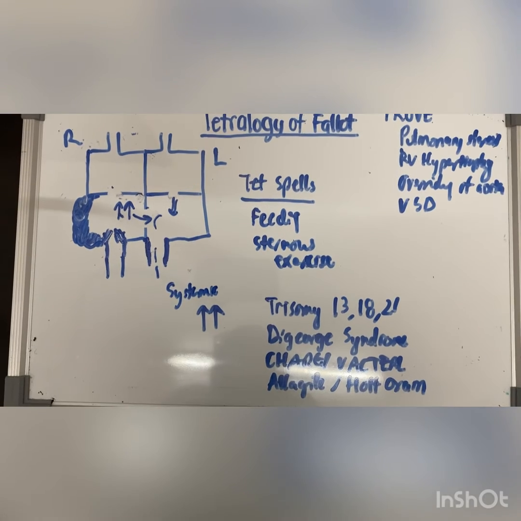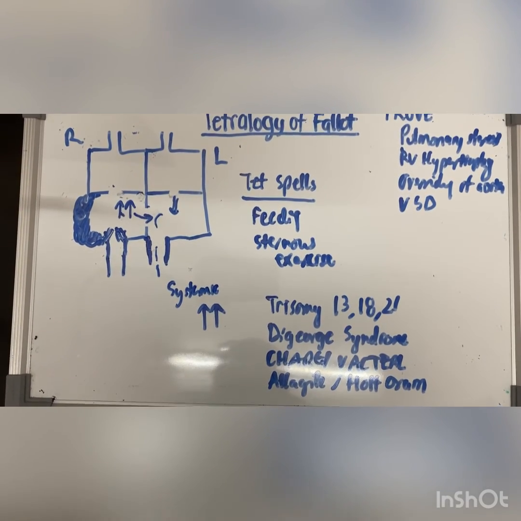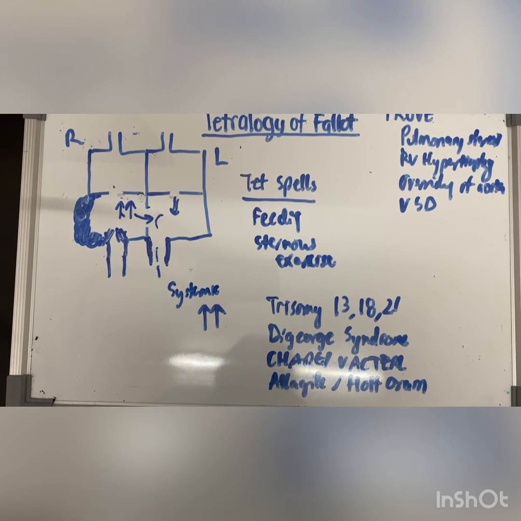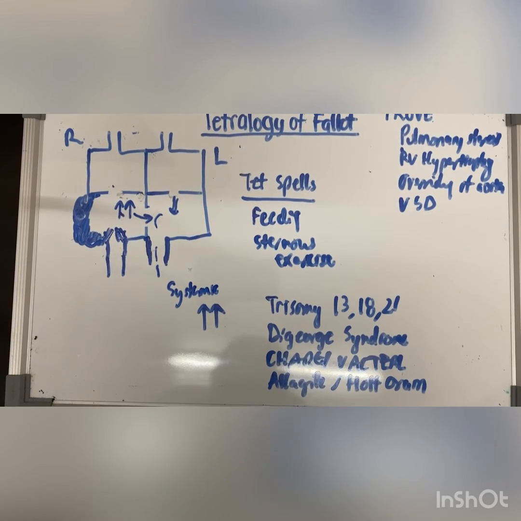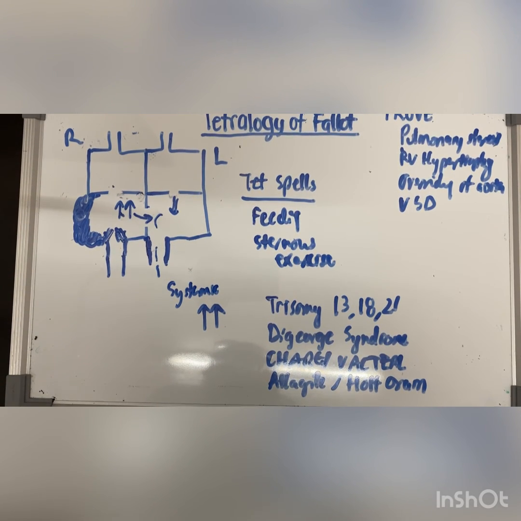What is the management of Tetralogy of Fallot? We can divide into non-pharmacological and pharmacological. For the non-pharmacological treatment, you can help to increase the preload by doing a knee to chest position, same like we ask the patient to squat, or to do a Valsalva maneuver.